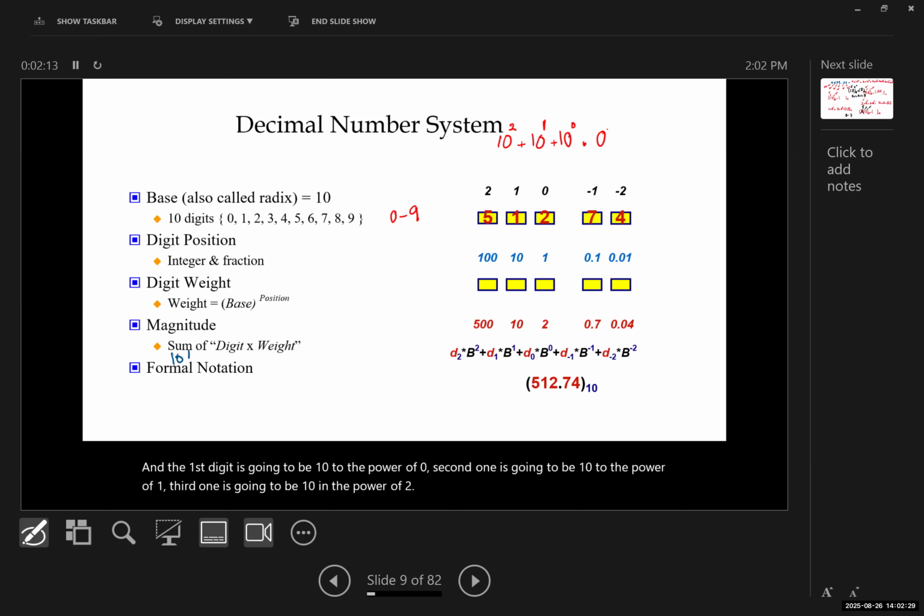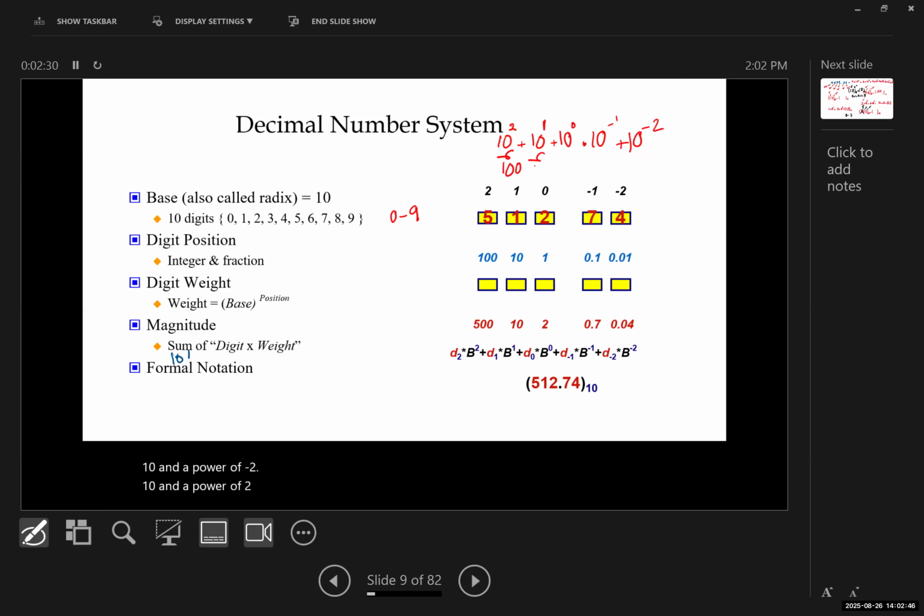For the fraction, we're going to have 10 in the power of negative 1, 10 in the power of negative 2. 10 in the power of 2 is 100. 10 in the power of 1 is 10. 10 in the power of 0 is 1. 10 in the power of negative 1 is 0.1, and 10 in the power of negative 2 is 0.01. Now we would multiply them by the weight, and we're going to get the answer.